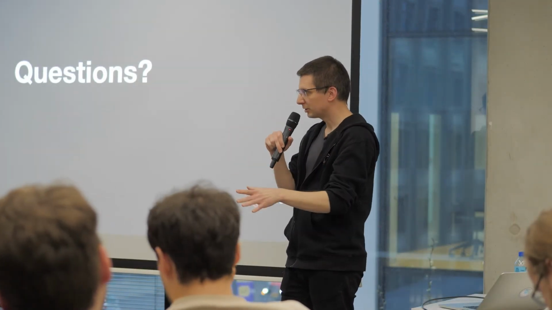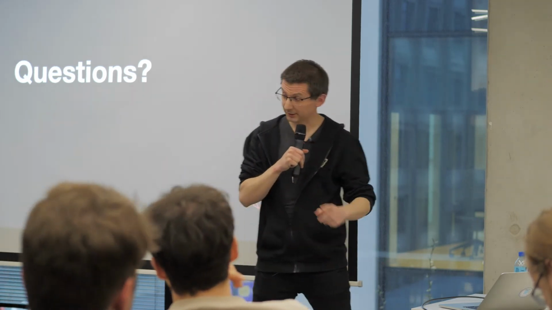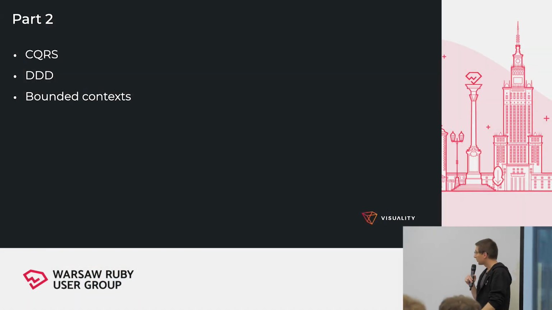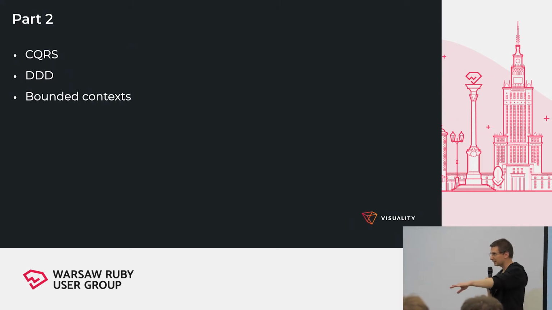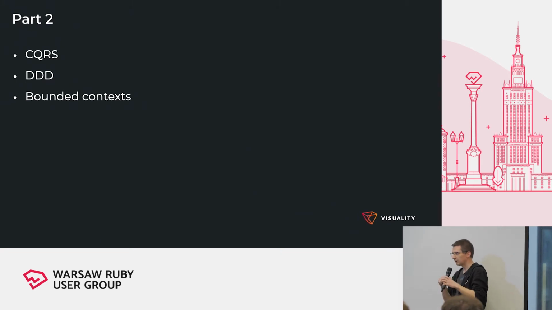It's not unchangeable. You can always add something, but normally when you do it like this, let me show you the next screen because that would answer some things. When you go into this world, first of all, you learn what CQRS is, command query responsibility separation. You kind of go right into DDD, domain-driven design, where you can actually design the system better and understand what's in the system.